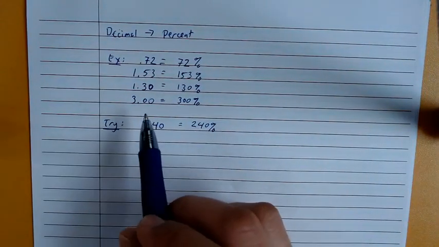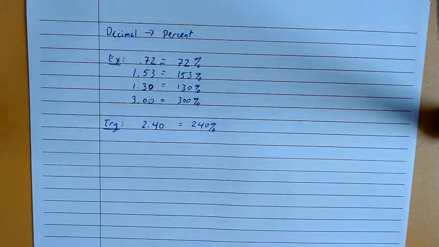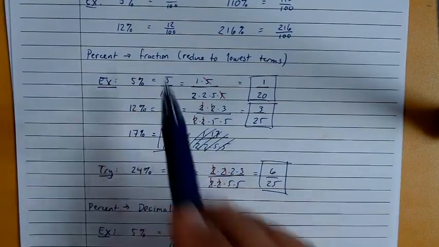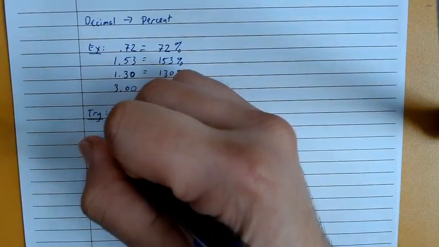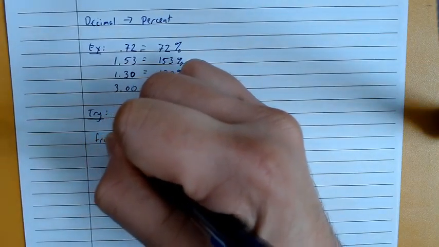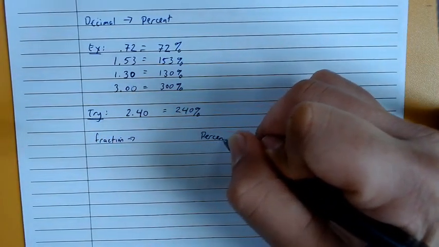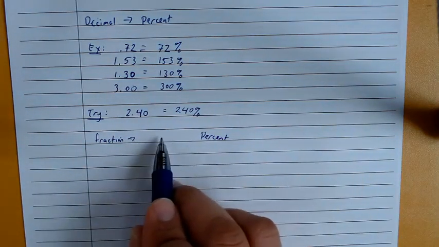Finally, the last one. We saw how to go from decimals to percents and how to go from percents to decimals. Here we see how to go from percents to fractions. So now the last one, how do you go from fractions back to percents? You say, why'd you leave such a big space there? Because there's a middle step here.